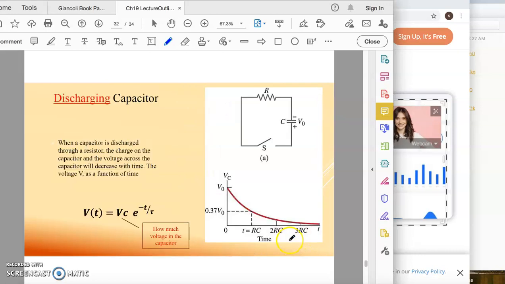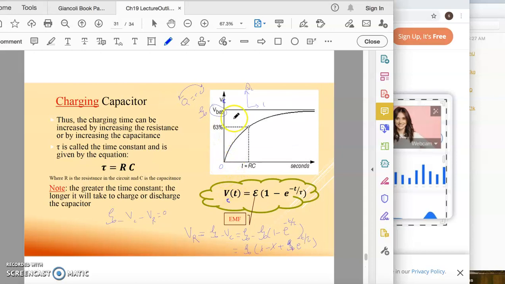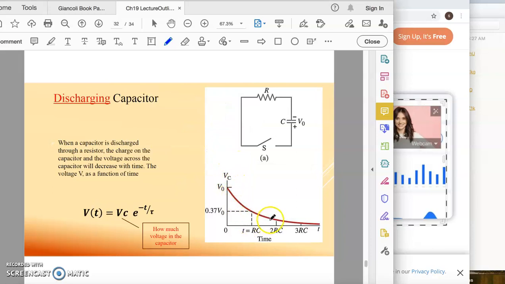All right, now in the discharging process, be careful here. Be very careful actually. In the charging, we reach the maximum value of the voltage across the capacitor, which is the electromotive force. Now in the discharging process, you see they wrote V naught and they didn't write epsilon here. It could be epsilon, but we don't care, okay?